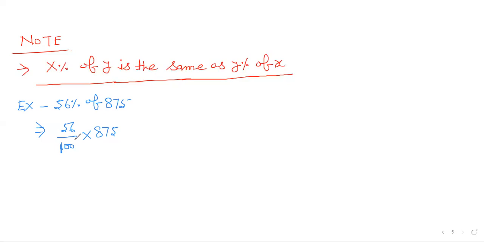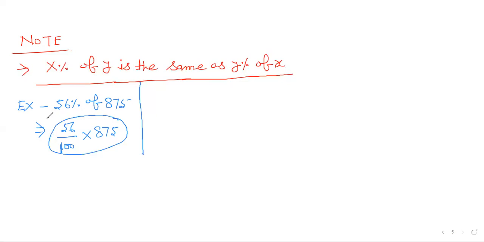Here we see that it will be very lengthy if I solve this question with this method. So try to figure out another method. X% of Y is the same as Y% of X, right?